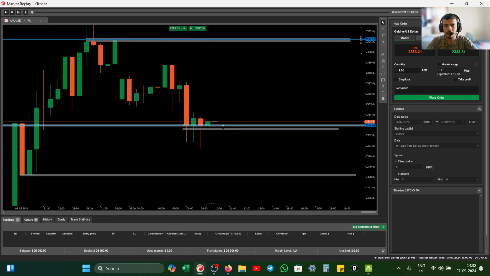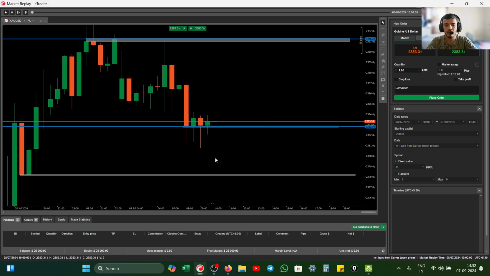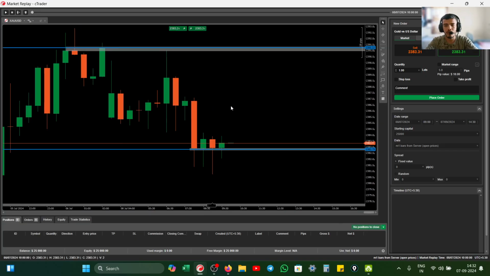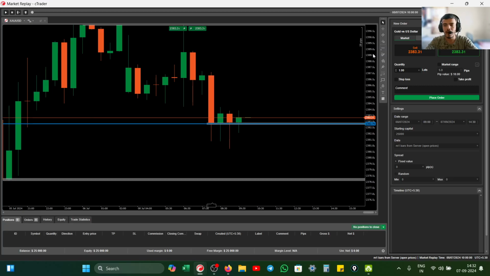So this is the support we got on the 30-minute time frame, and we are going to trade on the 30-minute time frame. What we are seeing right now is this candle has closed bullish, but the volume is not there, so we have to wait. We need a candle to break and close below this support for us to take a trade.